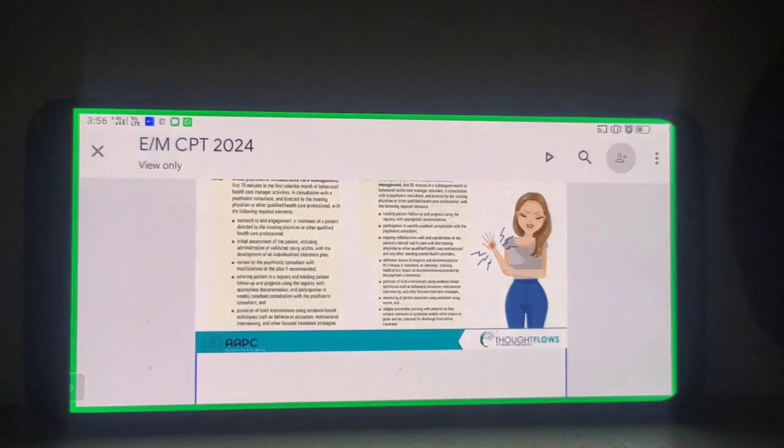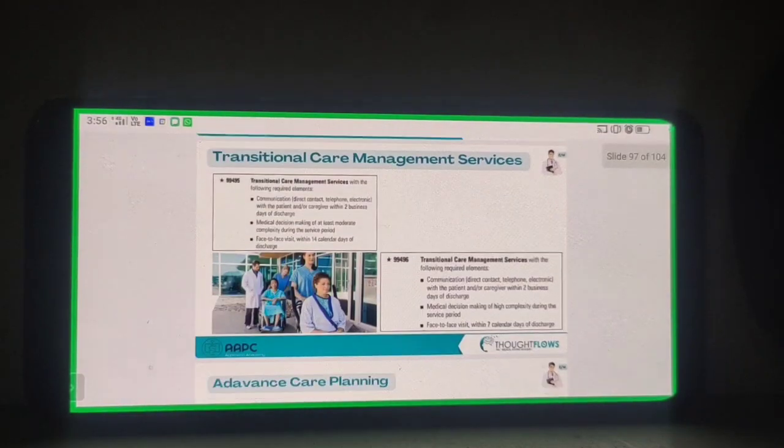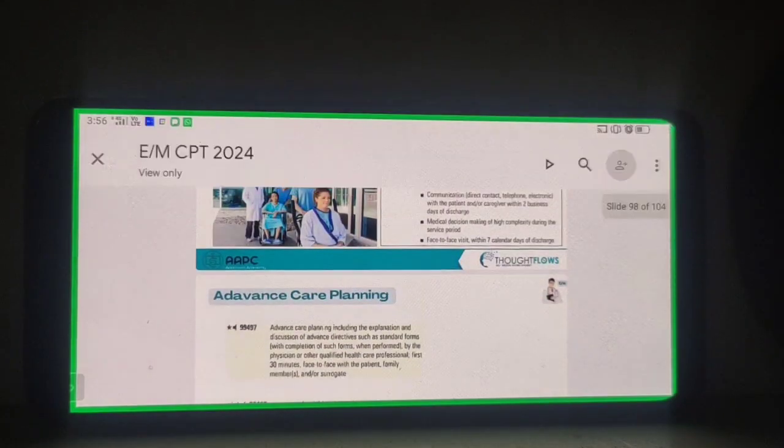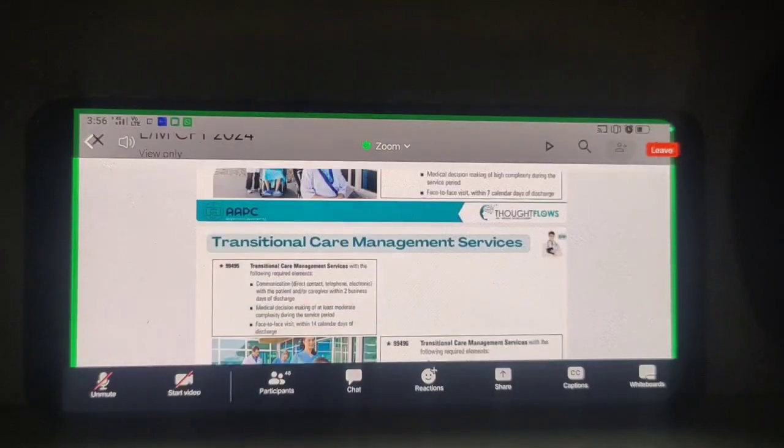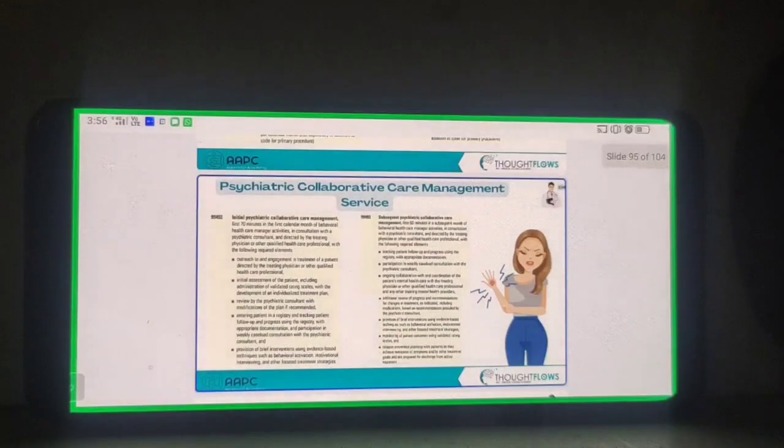Apart from these times, if doctors spend extra time, we have an add-on code also here. Apart from these times, suppose a doctor spends extra time, we should report a corresponding add-on code for the psychiatric collaborative care management service.